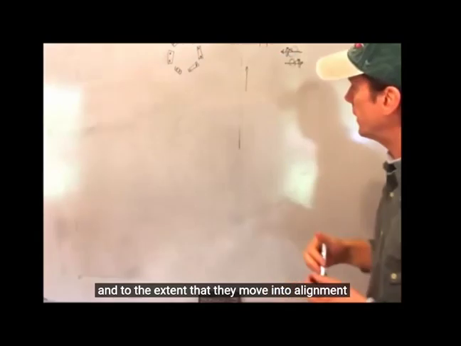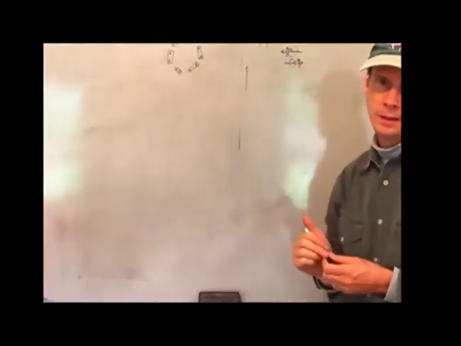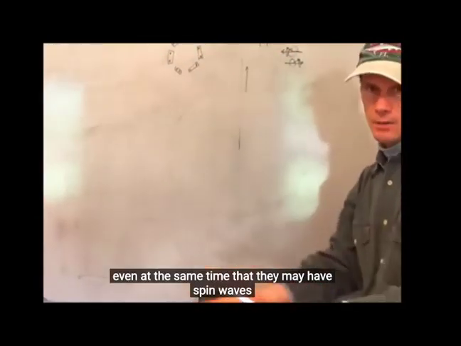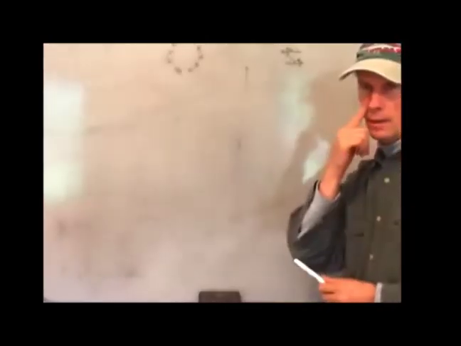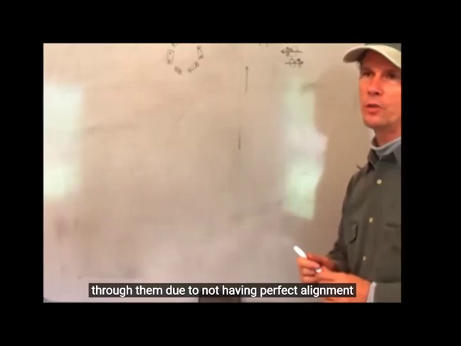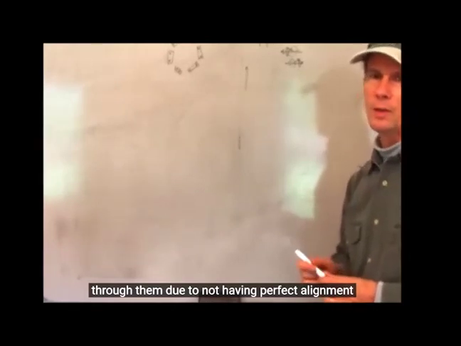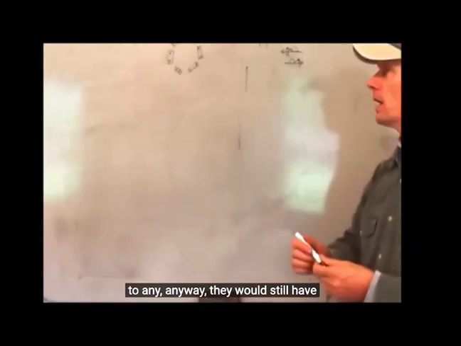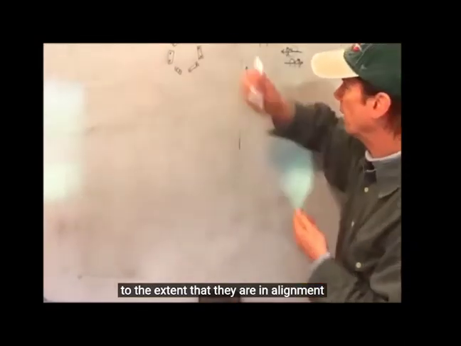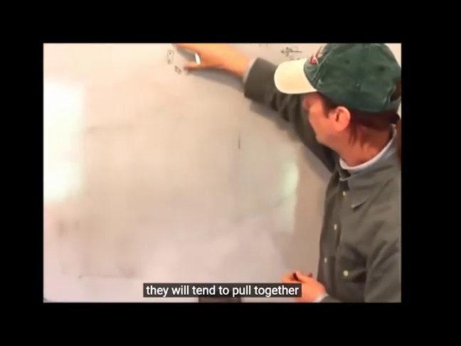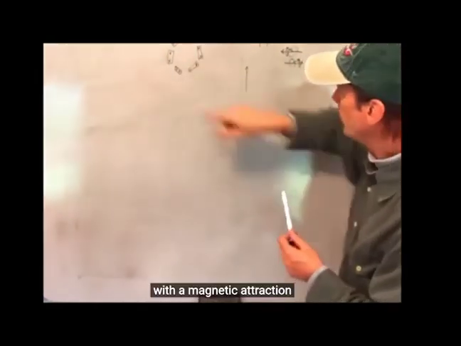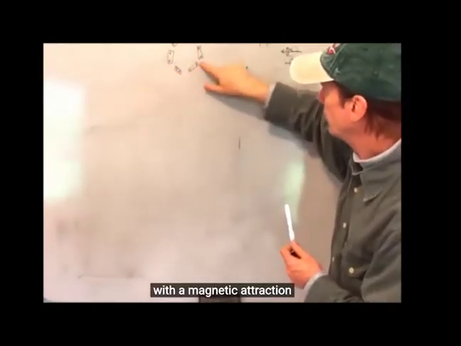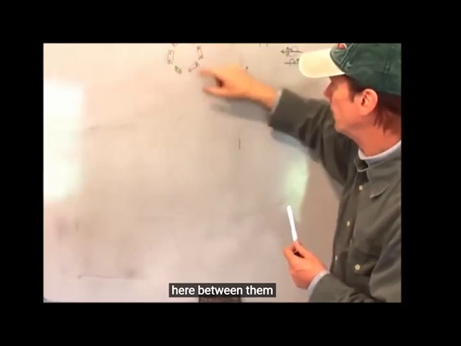and to the extent that they move into alignment, even at the same time that they may have spin waves propagating through them due to not having perfect alignment, they would still have, to the extent that they are in alignment, a tendency to pull together with magnetic attraction between them.